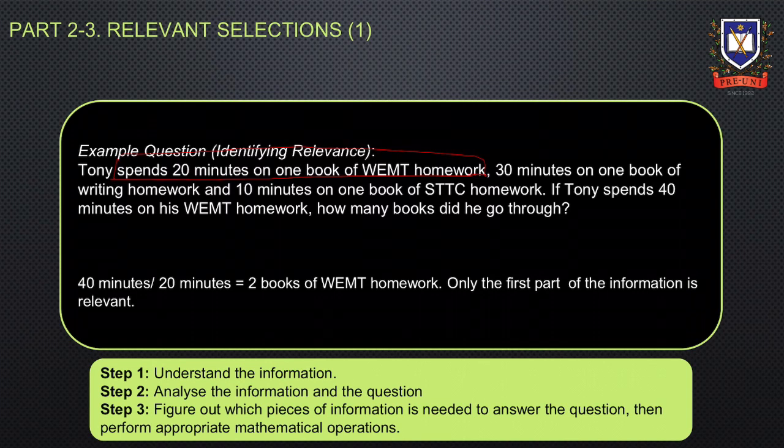So Tony spends 40 minutes on his WEMT homework. So 40 minutes divided by 20 minutes, which is the amount of time he spends on one book. 40 divided by 20 is 2 books of WEMT homework. So that means Tony went through 2 WEMT homework books.